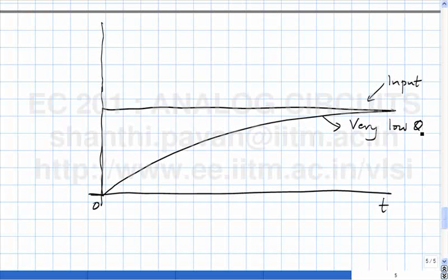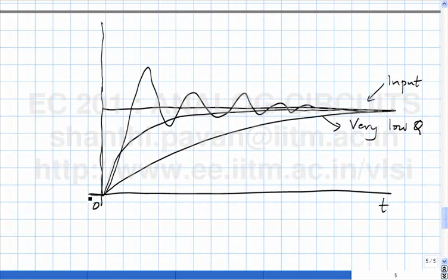As the Q starts becoming larger and larger, what do you think will happen? As the Q starts to become higher, it starts to do this, then it starts to do this, and when the Q becomes very, very large, what do you think will happen?